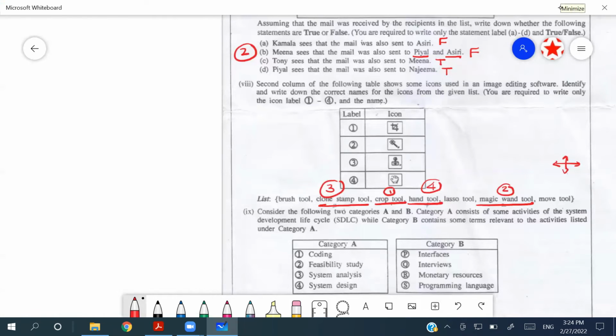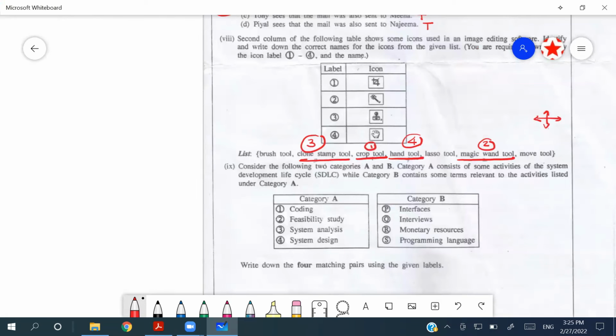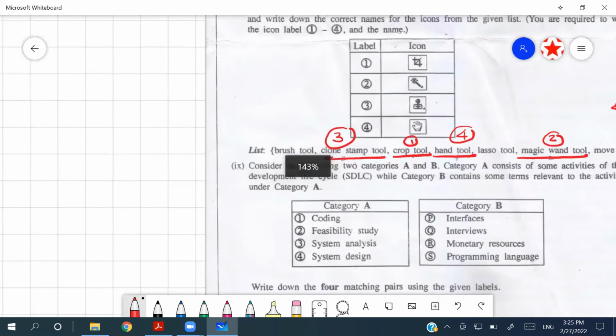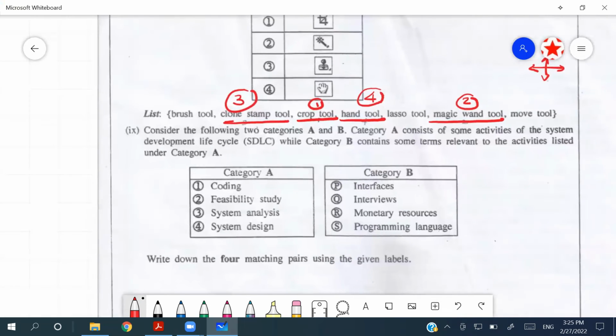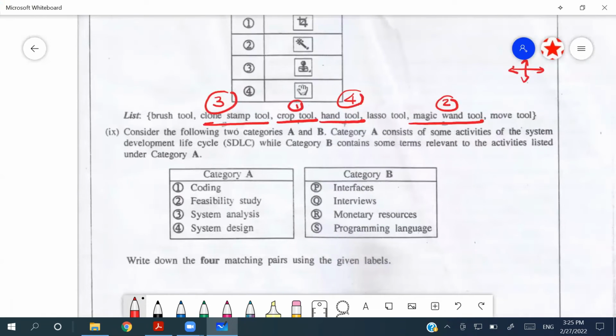Ninth one. Consider the following 2 categories, A and B. Category A consists of some activities of the system development life cycle, while category B consists of some terms relevant to the activities listed under category A. Coding, we need a programming language to do that. Feasibility study, we haven't learned that in your syllabus.